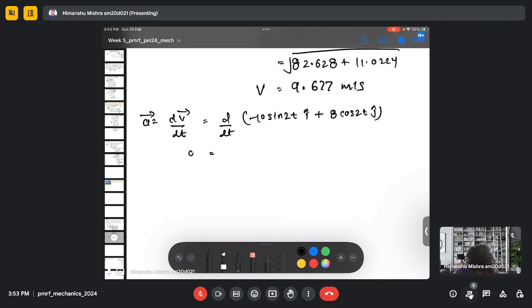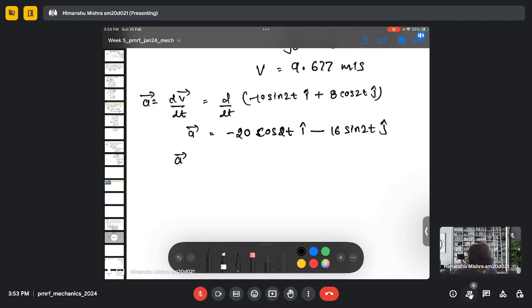So it will be minus 20 cos 2t i component minus 16 sin 2t j.